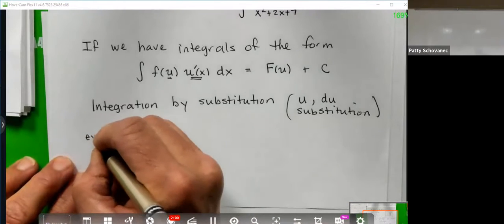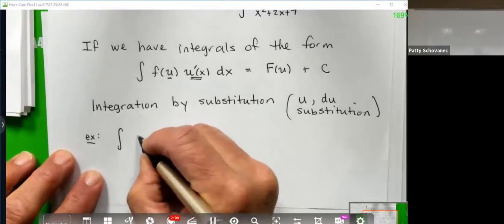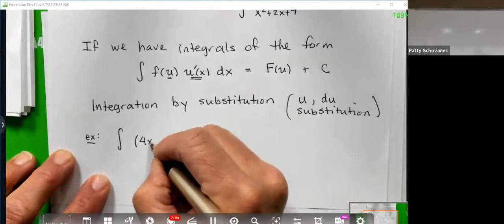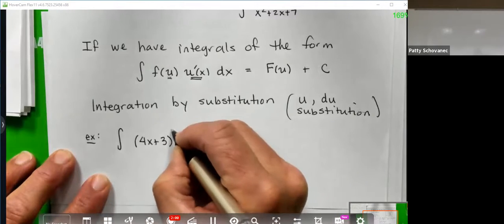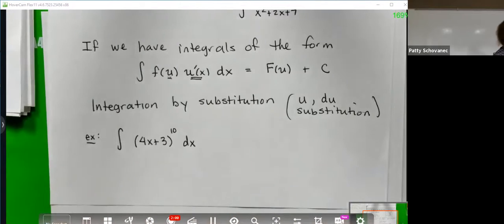Let me show you how it works. We'll do an easy example. Let's take the integral of something to the 10th power. Let's just go (4x plus 3) to the 10th power. The question is, what did I take the derivative of to get (4x plus 3) to the 10th?